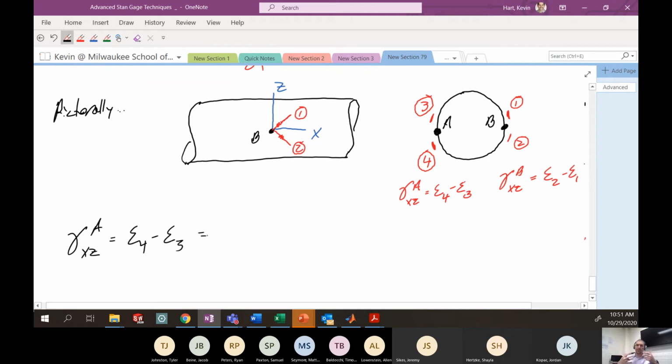But I know this to be a combination of both the shear strain that comes from torsion and the shear strain that comes from transverse shear. So I know this to be like, sorry, plus what's coming from torsion.